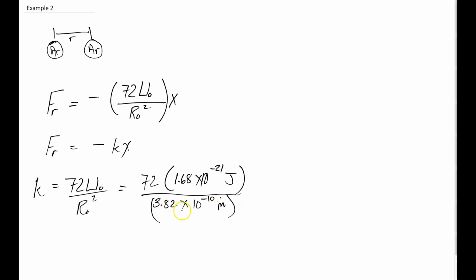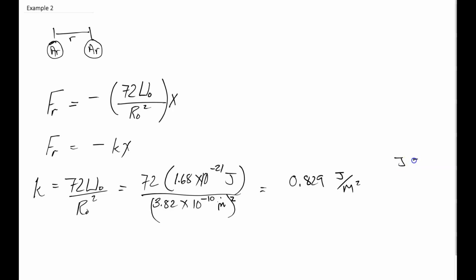And now let's not forget to square the distance, and this will give us about 0.829 joule per meter squared.